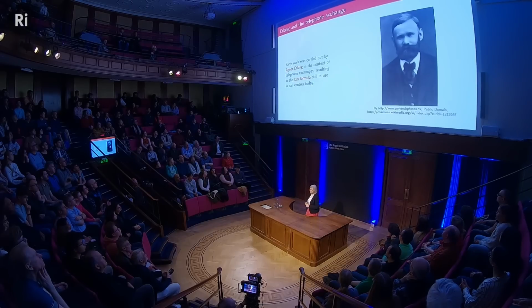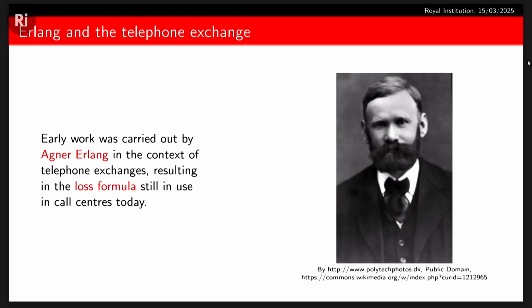So how did all this start? Well, in the early 20th century, there was a Danish mathematician and engineer called Agner Erlang. And he was employed by the telecommunication company in Denmark. Now, we're talking back in the days when telephones were those tall pedestal ones where you took the little handset off and spoke in and said, please, can you connect me to Whitehall 26 or something?